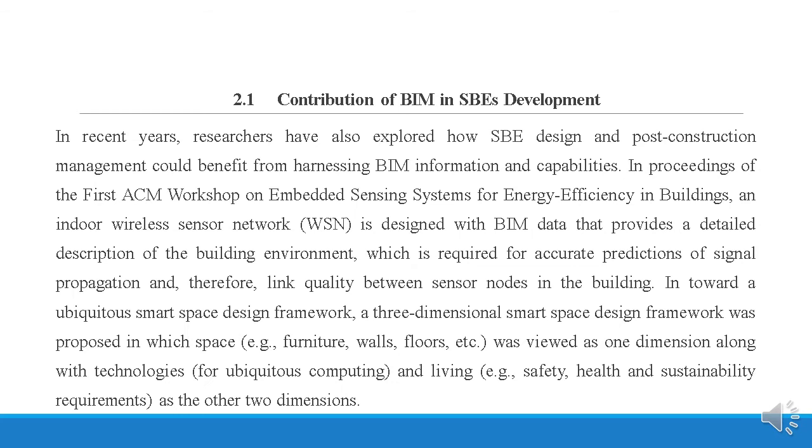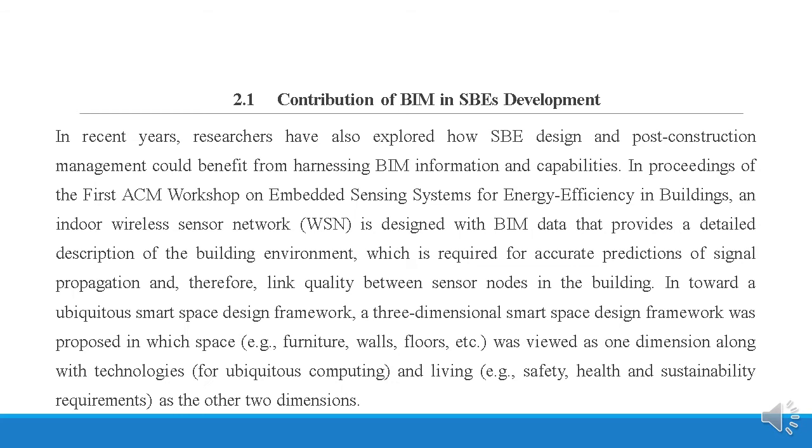In proceedings of the first ACM workshop on embedded sensing system for energy efficiency in buildings, an indoor wireless sensor network (WSN) is designed with BIM data that provide a detailed description of the building environment, which is required for accurate prediction of signal propagation and therefore link quality between sensor nodes in the building.